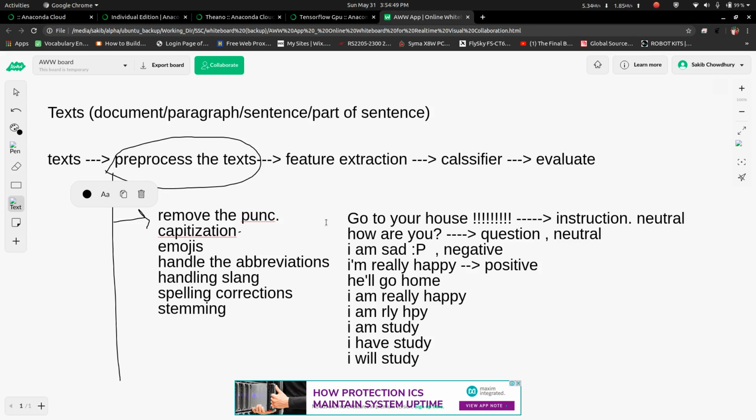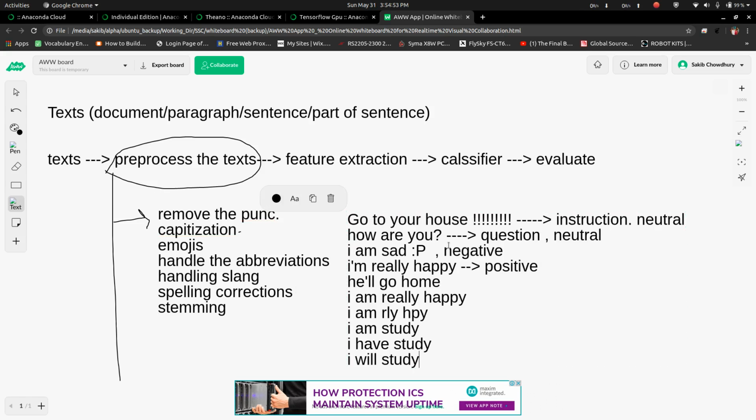Last but not the least, let's suppose this sentence, "go to your house." Here the word "to" has nothing to do with the sentiment it is bearing. This sentence is neutral, and the word "to" has nothing to do with it. The same is here: the word "are" has nothing to do with the sentiment, and "am" has nothing to do with the sentiment.